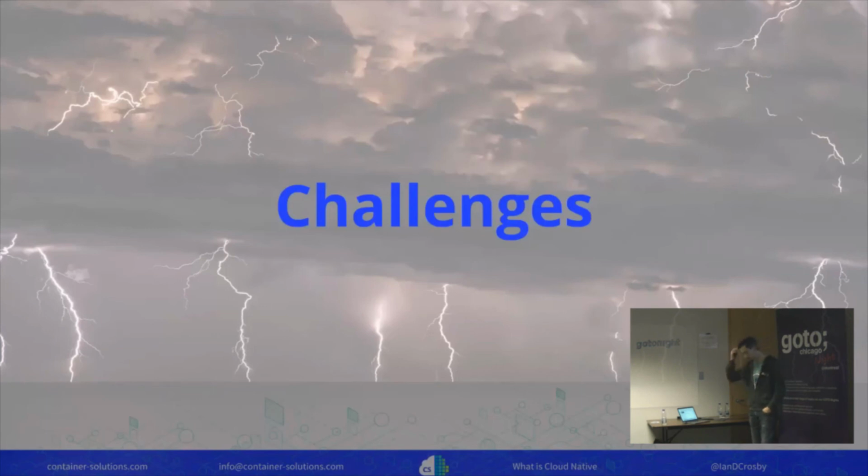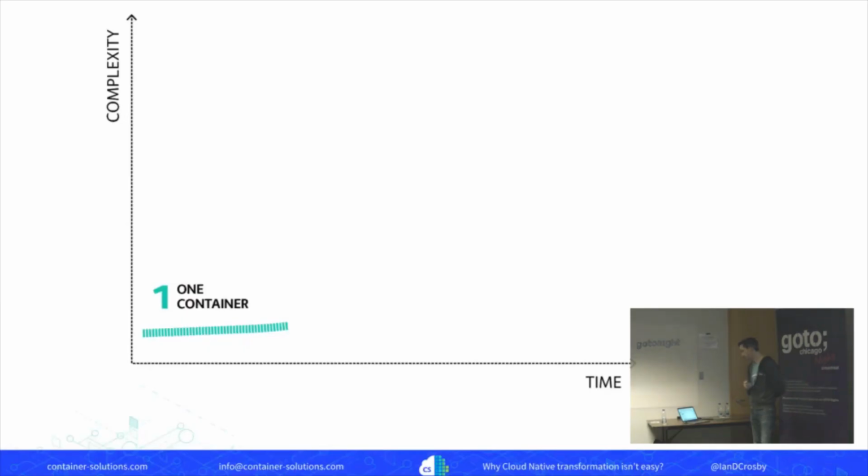Of course, there are some challenges as well. So I just want to highlight some of the difficulties that people run into when they start moving towards this world. One of the most common things is that somebody gets inspired, they see the technology, and you take one of your existing applications, you run it in Docker, and you see this is actually pretty easy. The tooling is very developer friendly.